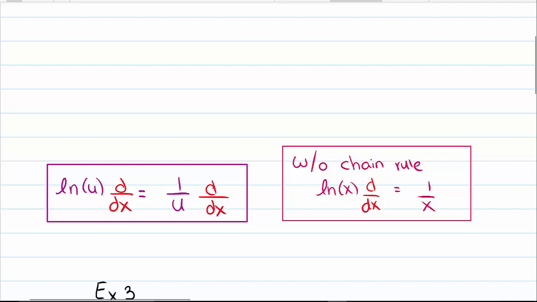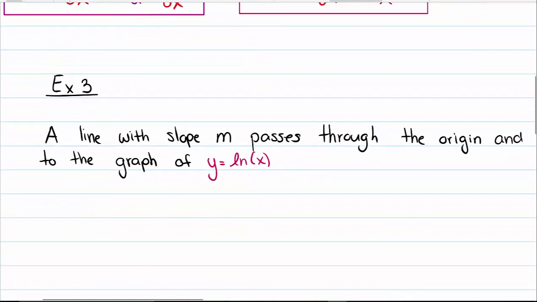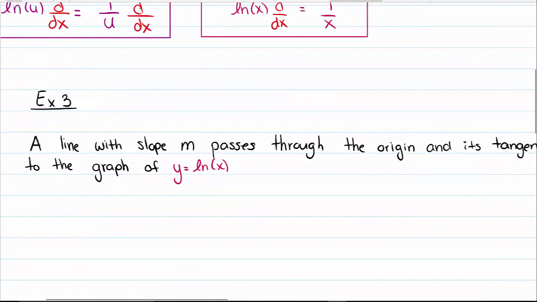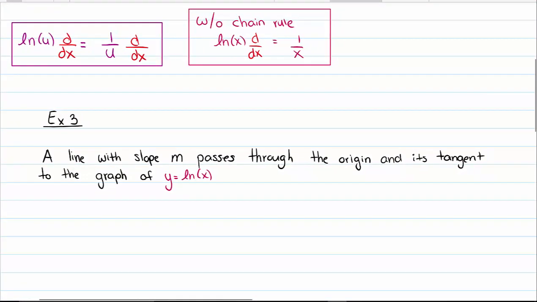All right, let's move on to example 3. A line with slope m passes through the origin, and it's tangent to the graph of y equals ln of x.